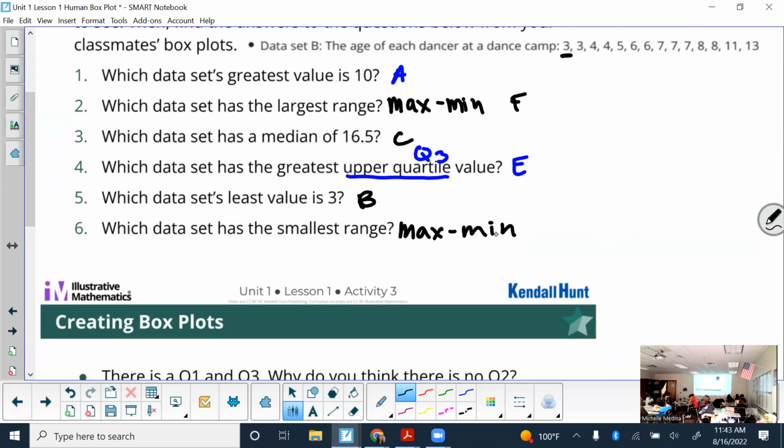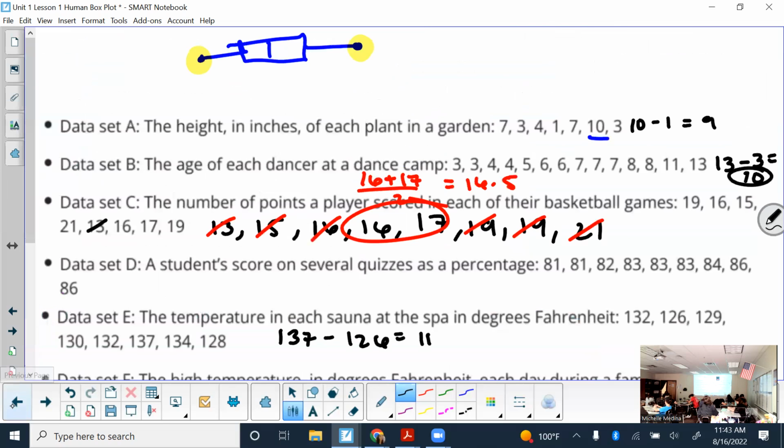Good, and remember that's your maximum minus your minimum. So we did them for all of them so far, aside from these 2 in the middle. All right, this one, the maximum's 86, minimum's 81. 86 minus 81 is 5. All right, that has the smallest range.